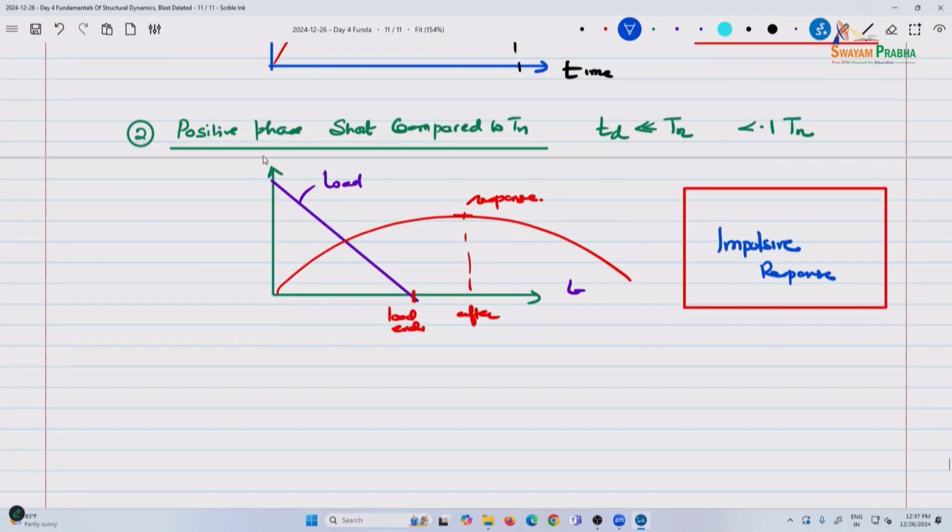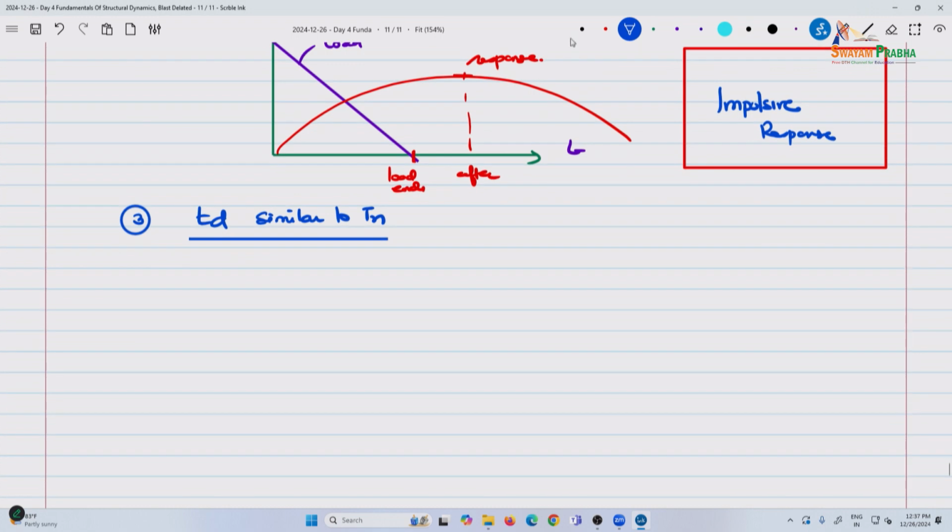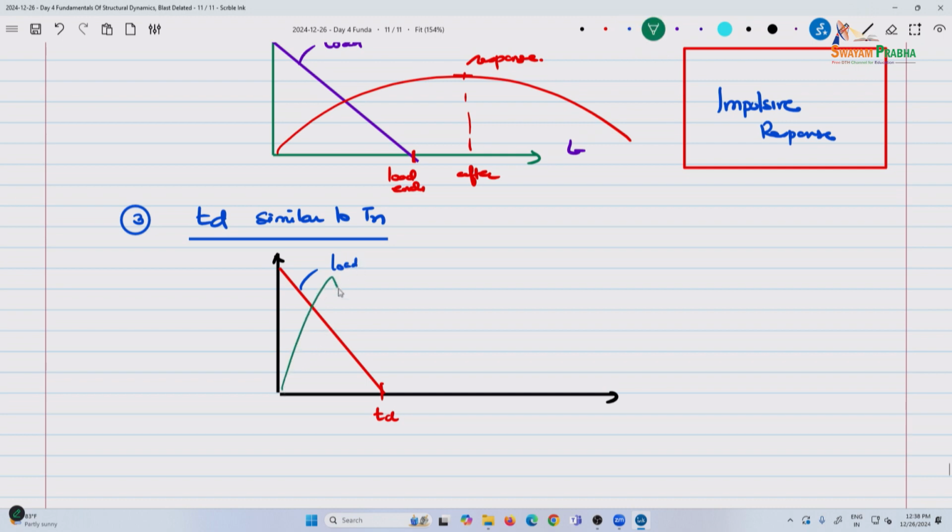We will keep seeing more of these concepts as we come along, and Td is similar to Tn. Here is where a lot of things break down and full solutions are needed. So, let us say this is your load, and the response could be something like this.